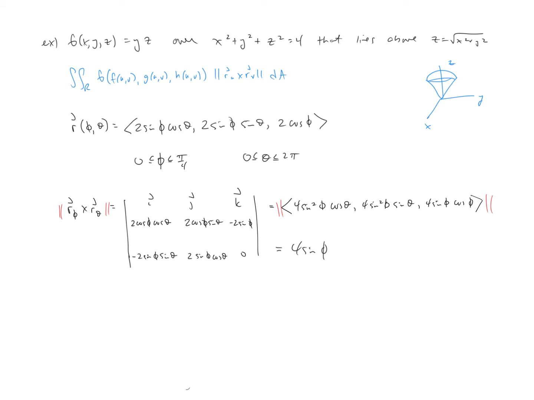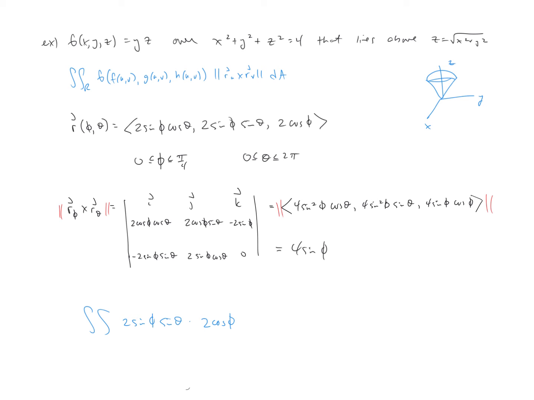So as we drop things into our setup, I'm going to have this guy evaluated where y is equal to 2 sine phi sine theta, and z is equal to 2 cosine phi.